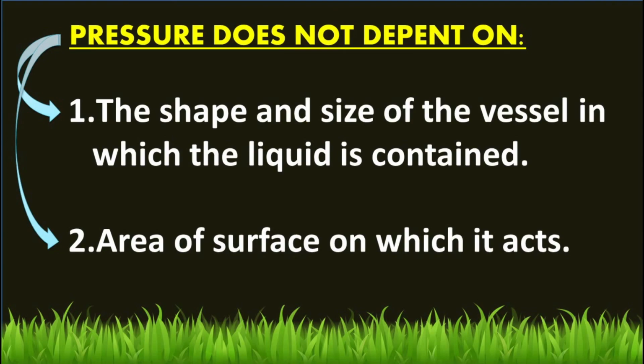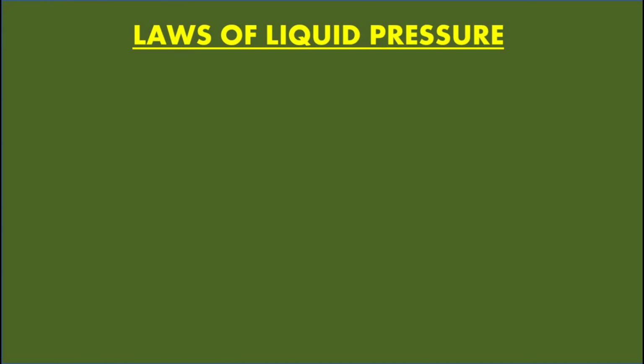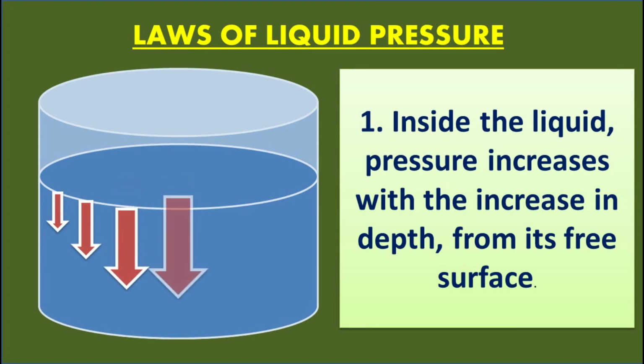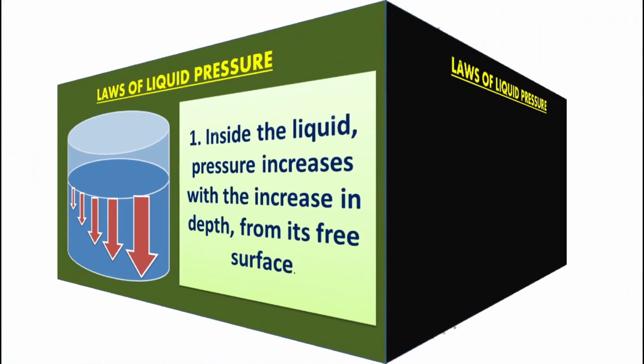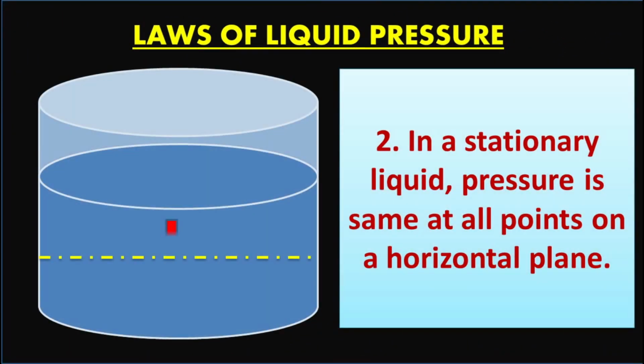Now let us study the laws of liquid pressure. Number 1, inside the liquid, pressure increases with the increase in depth from its free surface. Number 2, in a stationary liquid, pressure is the same at all points on a horizontal plane.